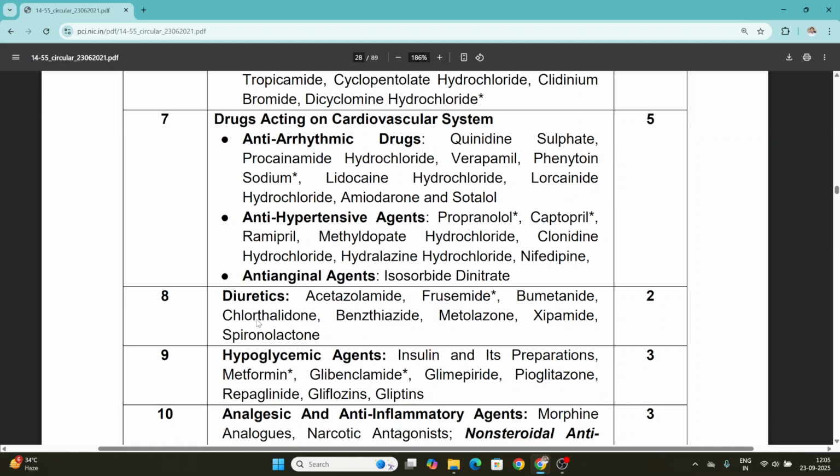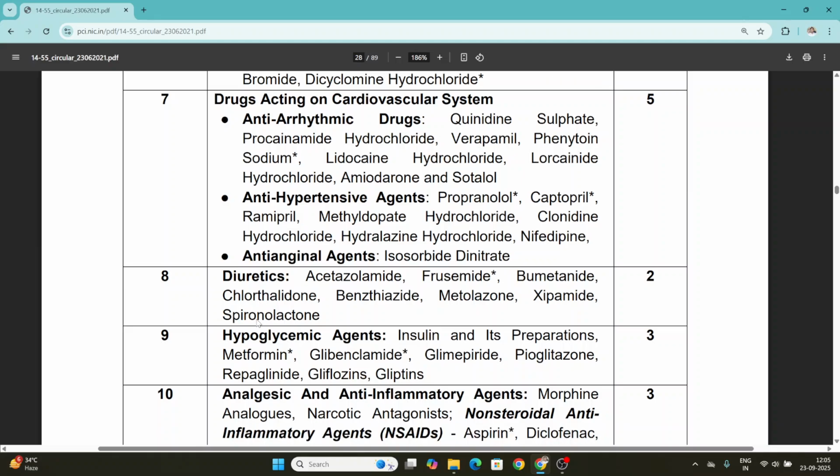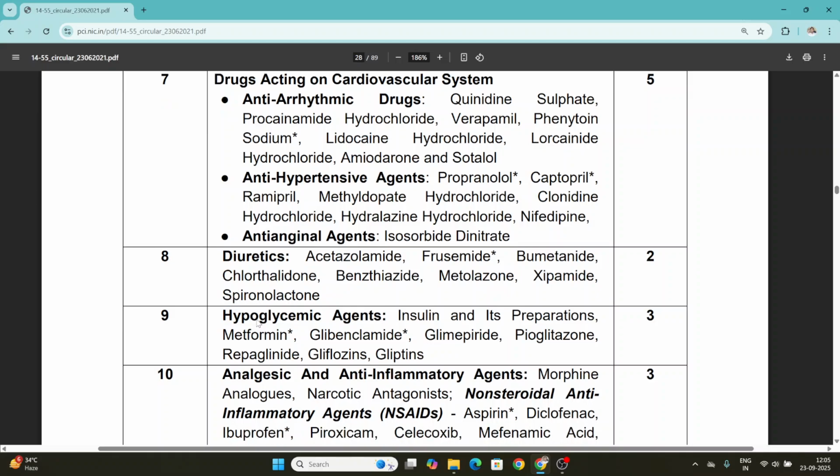Antihypertensive agents: propranolol, captopril, ramipril, methyldopate hydrochloride, clonidine hydrochloride, hydralazine hydrochloride, nifedipine. Anti-anginal agents: isosorbide dinitrate.